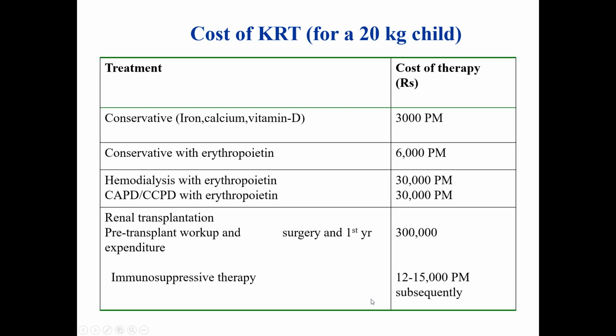Now this is just a rough approximation of the cost that is involved in kidney replacement therapy. So when you're doing hemodialysis or peritoneal dialysis, it's almost similar, except that the cost of hemodialysis is low in government centers because you're not charging them for most of the consumables there. And if you look at renal transplant, while the cost is large in the first year, that is about 3 lakhs in a government center, after that they have to be on immunosuppression, which may cost anywhere between 12 to 15,000 per month.